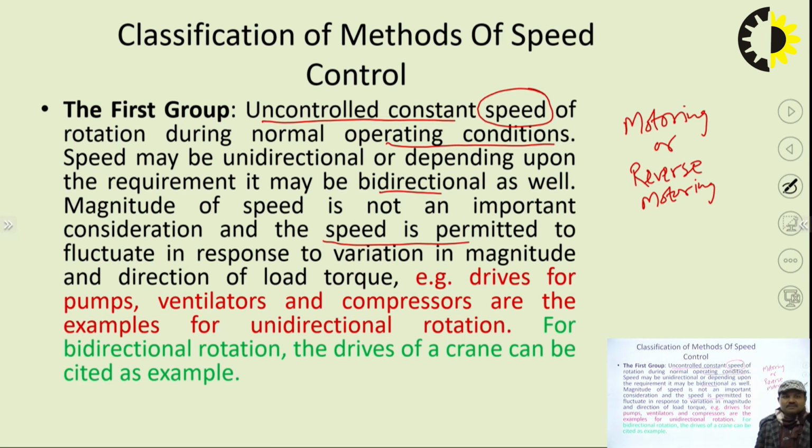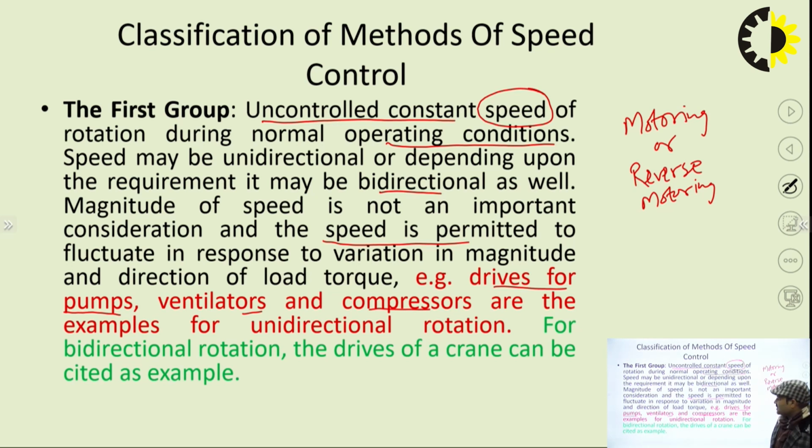If we will see an example of this type of group or method where uncontrolled constant speed rotation is there during normal operating conditions, the example is drives for pumps. So in the pump, if we are increasing the volume of input or output, so basically speed of the motor will change.